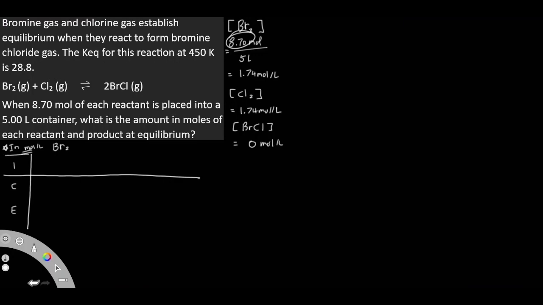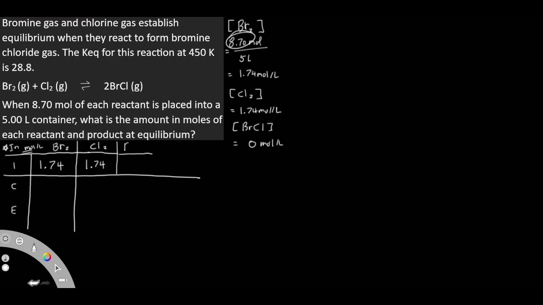And we're going to first figure out its concentration and then write it in this little chart. So in here it's going to be 1.74, and then we're going to move on to the next side. After that, the next reactant is Cl2, so I'll write that over here. What's that going to be? Also 1.74. I'm writing it as such. And then the very last one, of course, is going to be our bromine chloride.